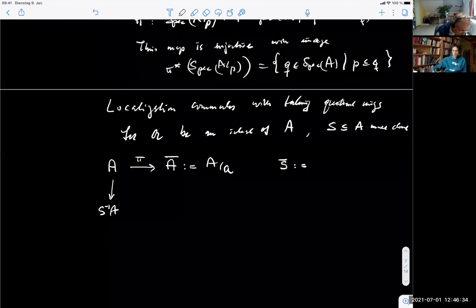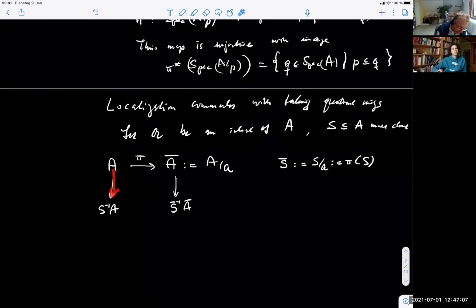Maybe an intuitive notation is this, but this is formally defined as pi of S. S bar is just pi of S. It's a multiplicatively closed set. So I can form here the localization S bar to the -1 A bar. This is defined. Okay. So you see, first factoring, then localize.